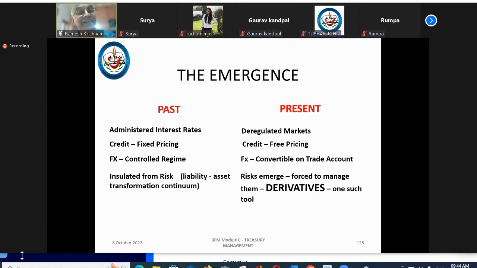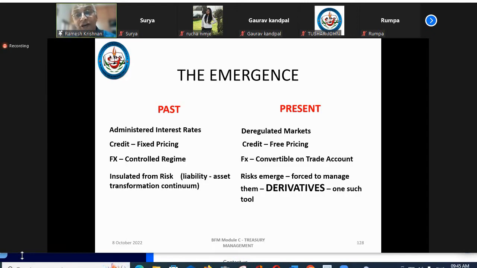So that is why earlier the deposit collecting branch managers were all star performers. Today, those concepts have gone. Only if you contribute to the profit of the bank, you are a star performer. So you should take care of NPAs, you should take care of asset quality, you should take care of other income. So many things have come up. Now, today, because of this deregulation, the risks have emerged in the balance sheet.